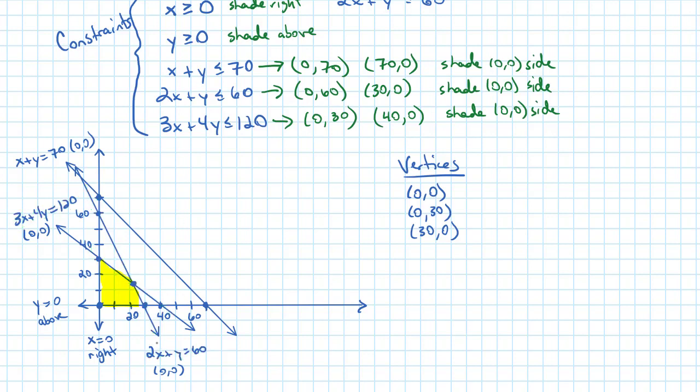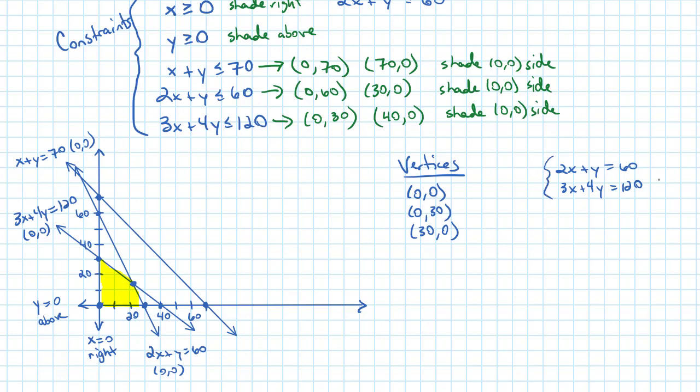So we need to find the intersection of those two lines. So we'll solve the system of those two equations. So we've got 2x plus y equals 60 and 3x plus 4y equals 120. So I'm going to solve this by elimination.